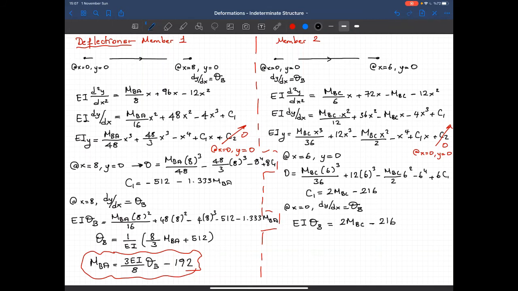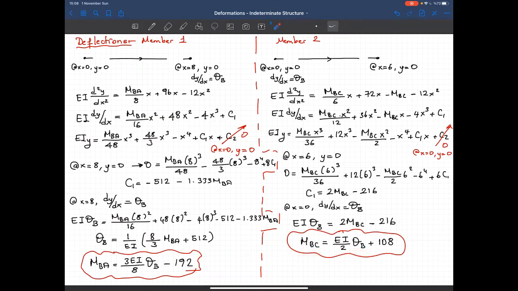Reverse the equation, and we have M_BC is equal to EI over 2 theta B plus 108. So that obtains another equation that relates the end rotation with the end moment.